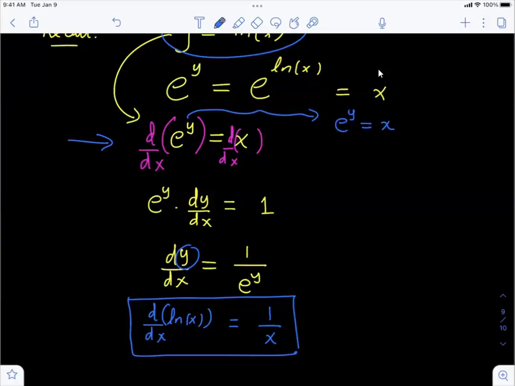And once you see this idea, you can use it for all possible inverse functions. You can use this idea for trigonometric functions. You can compute all derivatives of inverse trigonometric functions. And that is our next task.